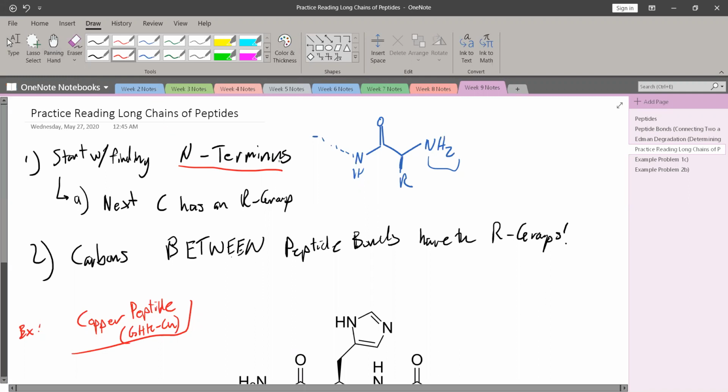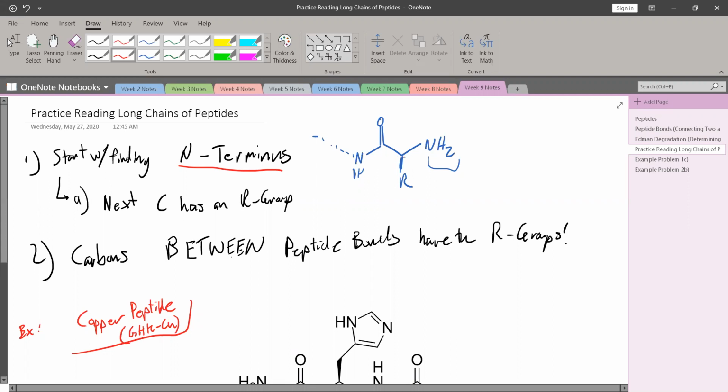So first you need to find a lone NH2 group, right? Okay, so let's say we find that lone NH2. Okay, let's look right here. Now, one carbon over will have an R group, right? That R group can be anything from glycine to alanine to a bunch of other things, but the point is that it has to be an R group, not a C double bond O, just a single sp3 R group.